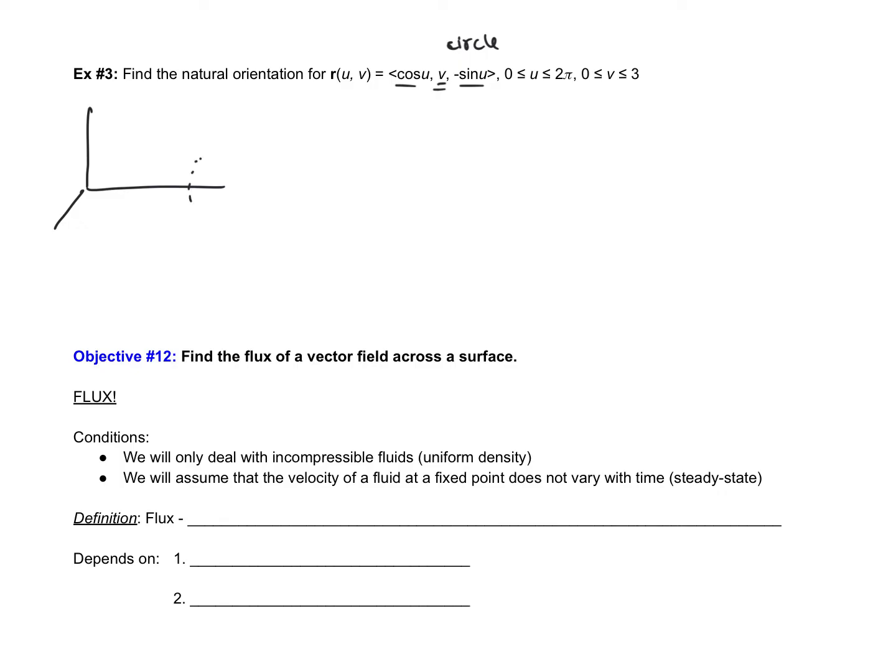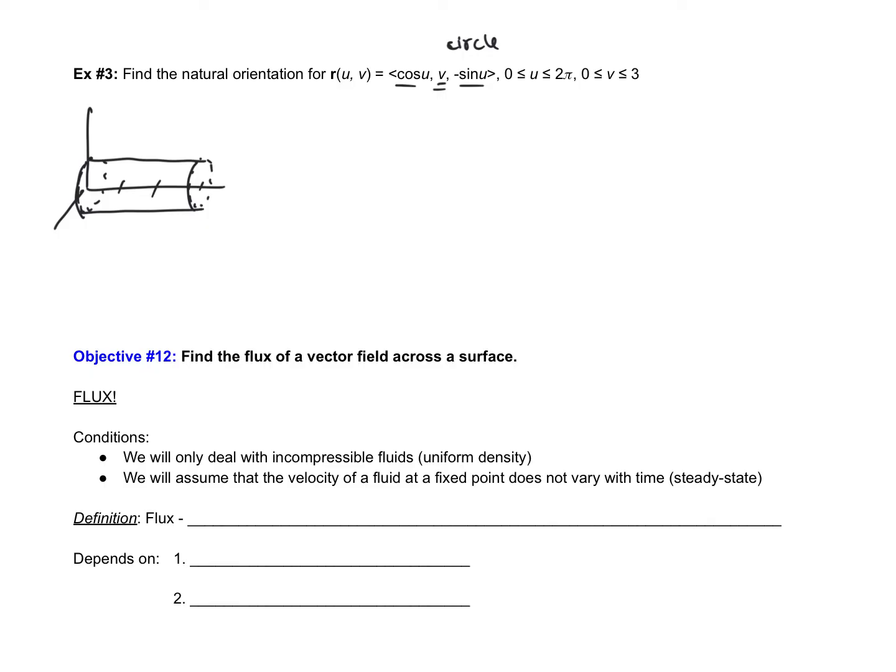So we have something like this, and it's going until y equals 3. So this is our surface, it's a cylinder. So we want to know what the natural or the positive orientation is for this cylinder.